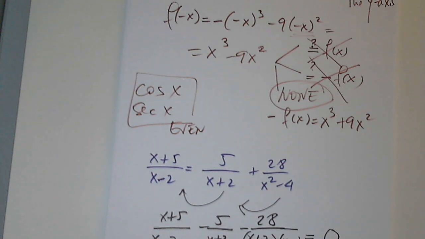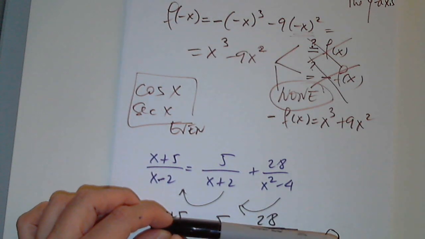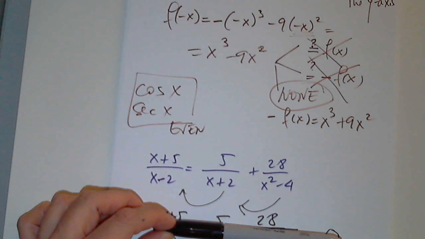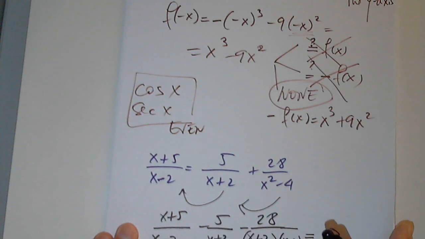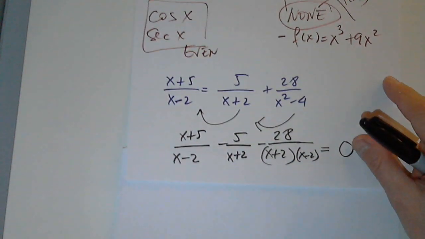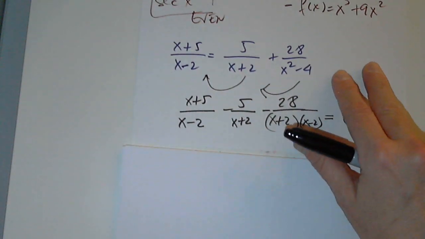Also notice that all these should be on the same line: the fraction line, the negative symbol, the fraction line, the negative symbol, the equal symbol, and 0. They should all be on the same line. So now I will have to state restrictions.